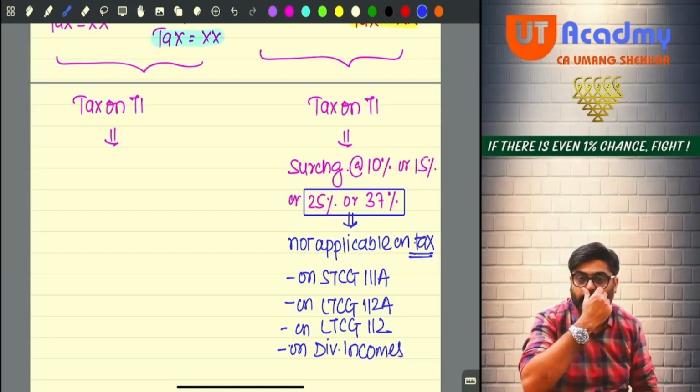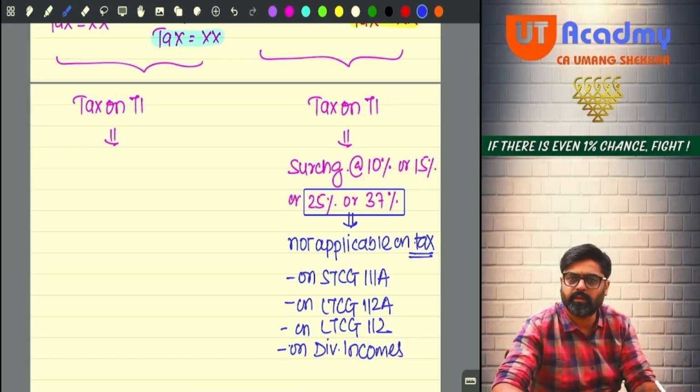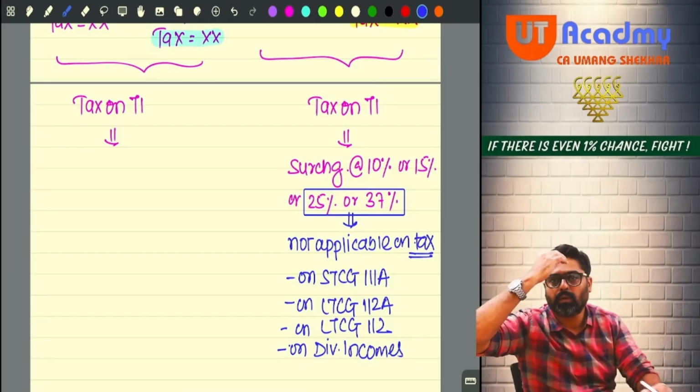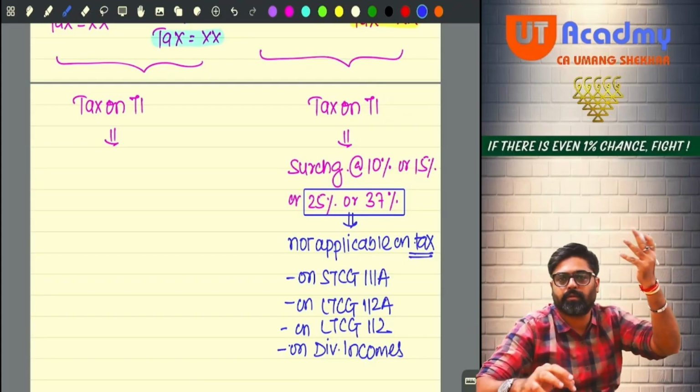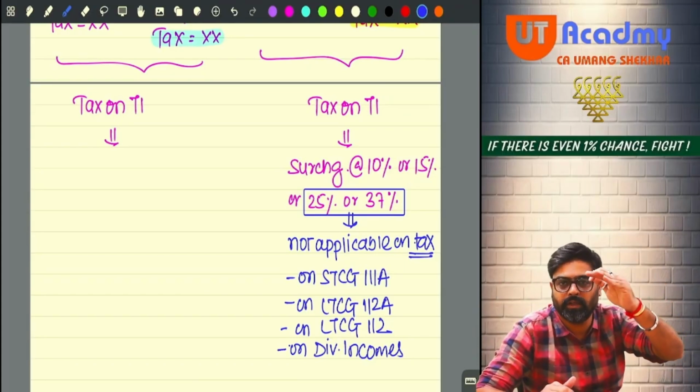Yes or no? Did I tell you this? Yes, we all know that the higher rate of surcharge, 25% and 37%, is not applicable on these 4 taxes.